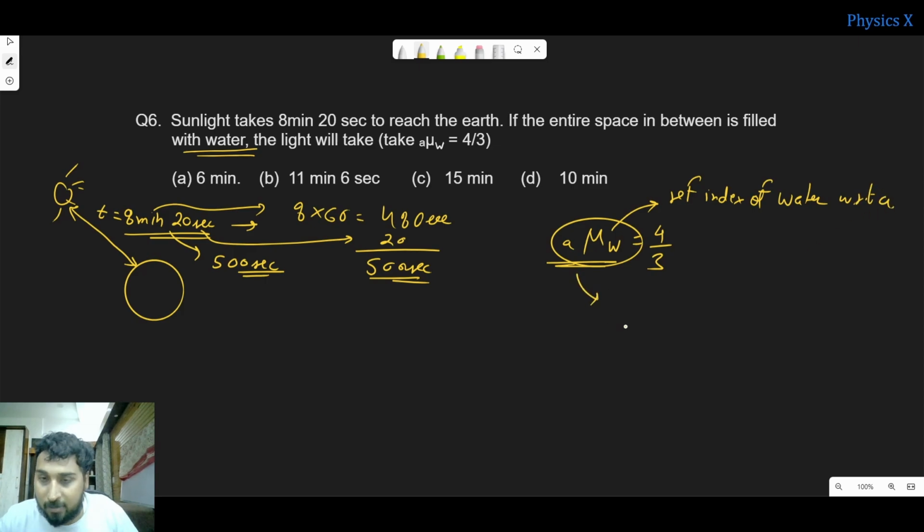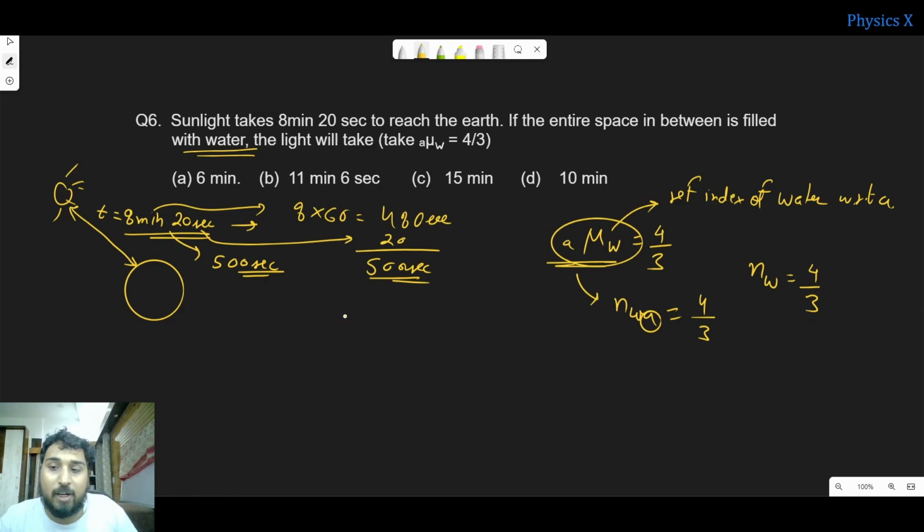In our sign convention, it is NWA, which is 4 by 3. Air we take as 1 only, so the refractive index of water is 4 by 3.